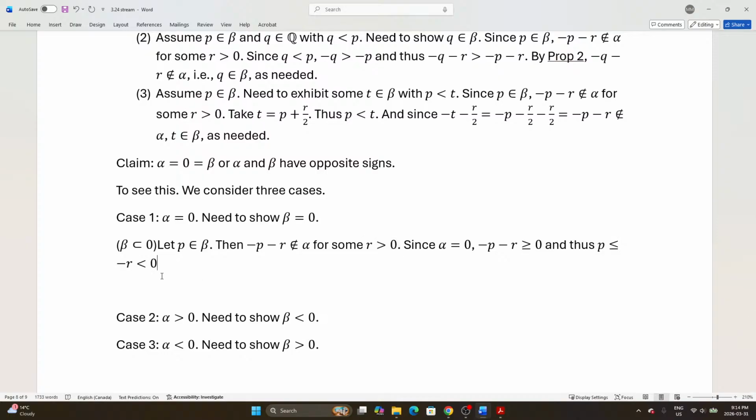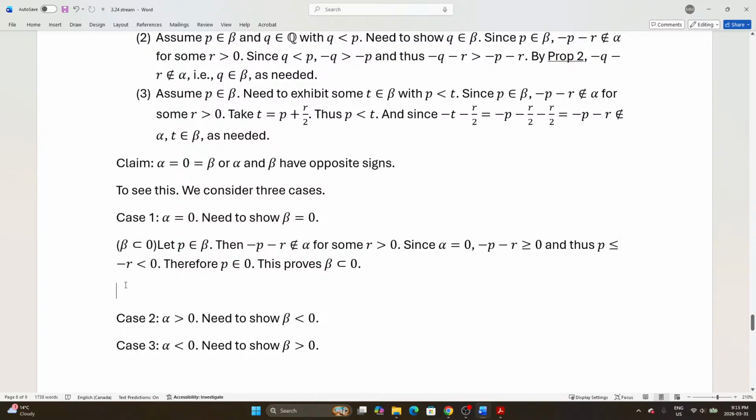So P is in the cut 0. Okay, so this proves that beta is contained in 0. So that's the first containment done.